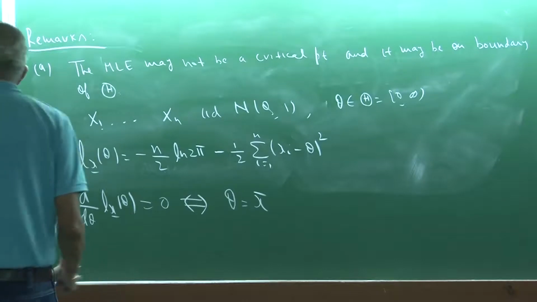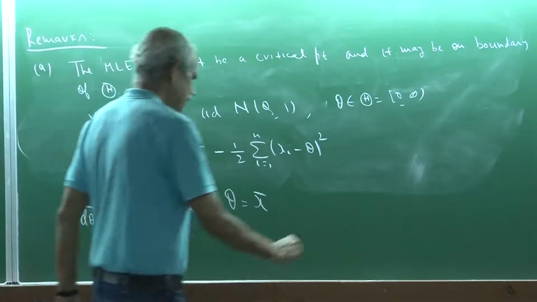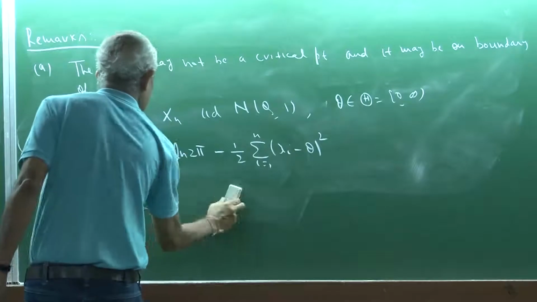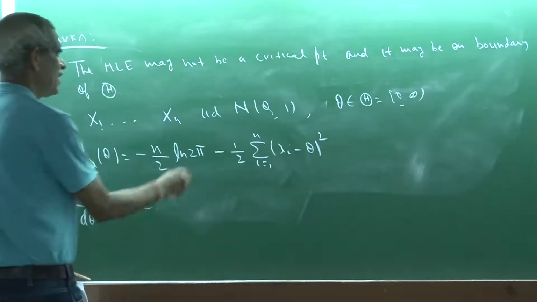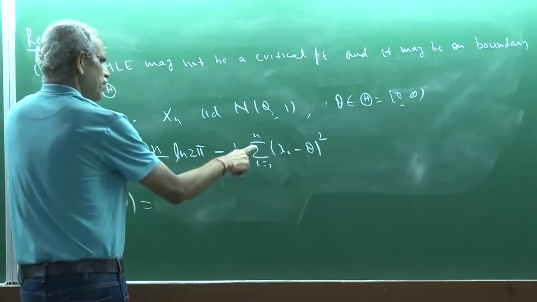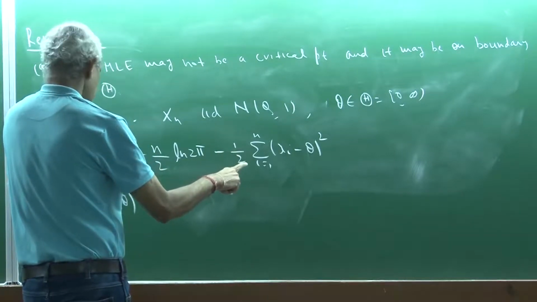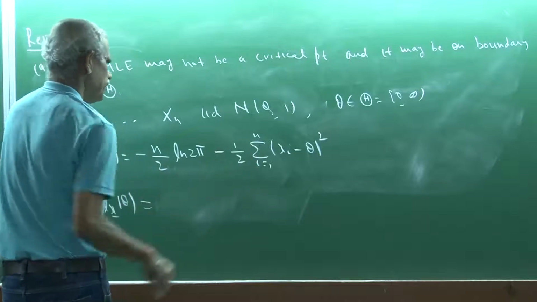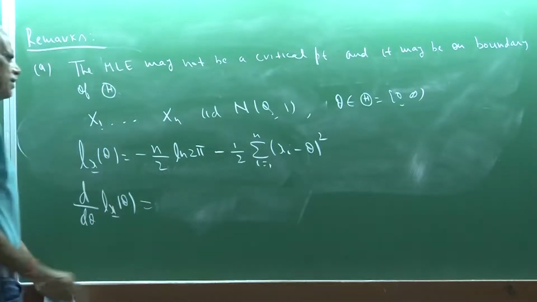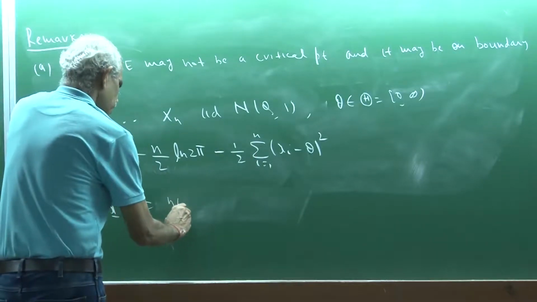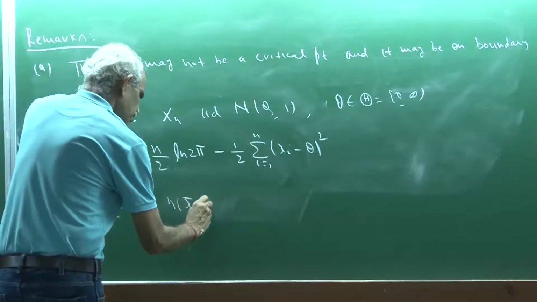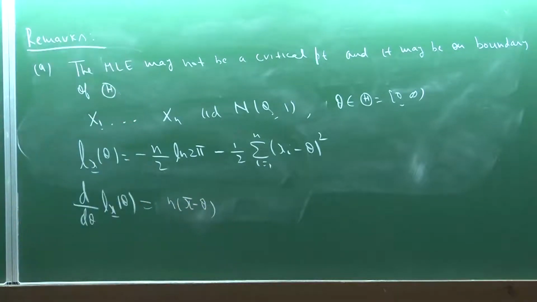In fact, let me find out what exactly d by d theta of l(x, theta) is. The minus 1 by 2 and the 2 cancel out, so this becomes n times (x bar minus theta). So the critical point is theta equal to x bar.